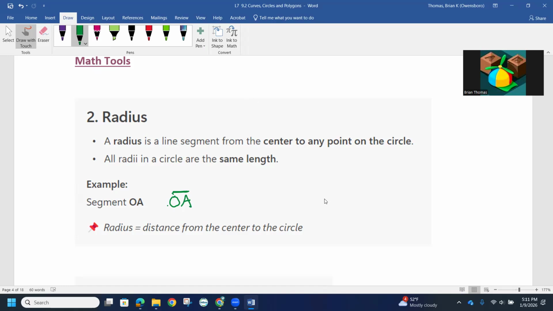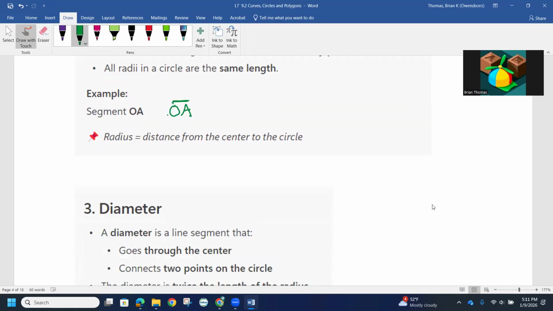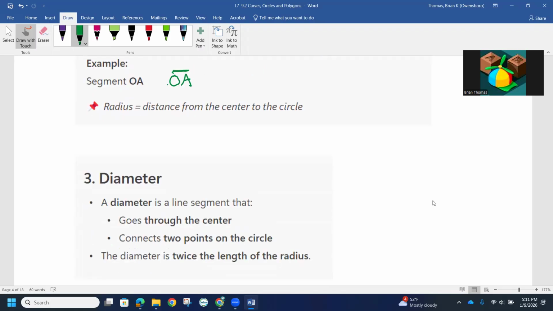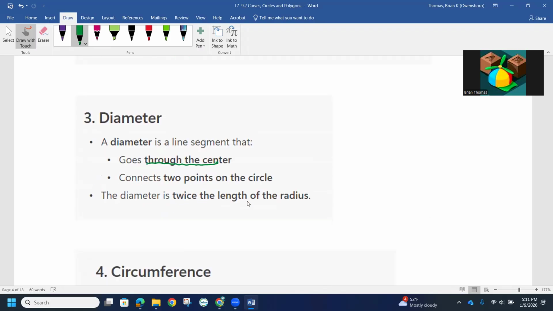It's the distance from the center to a point on the circle. Notice how the diameter had to go through the center of the circle as well. It has to go through the center, and it connects 2 points on the circle. As we talked about, the diameter is the same thing as the length of two radii. So if you say D, that's the same thing as doubling the radius.